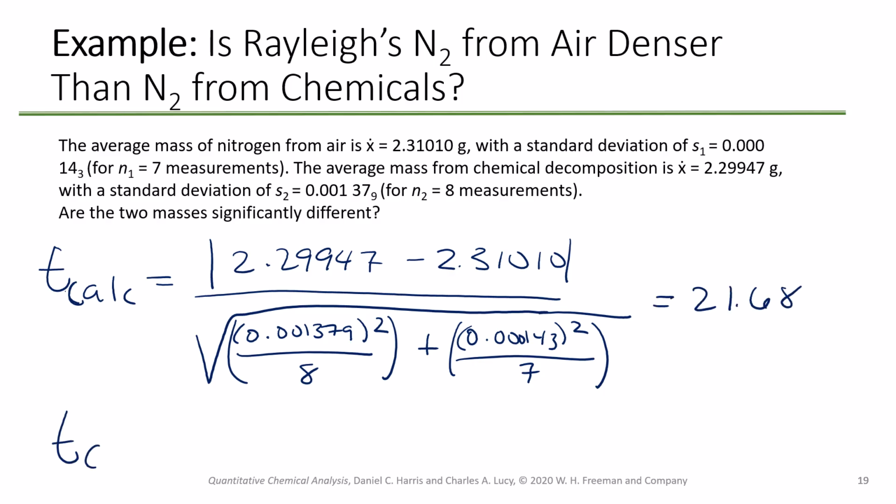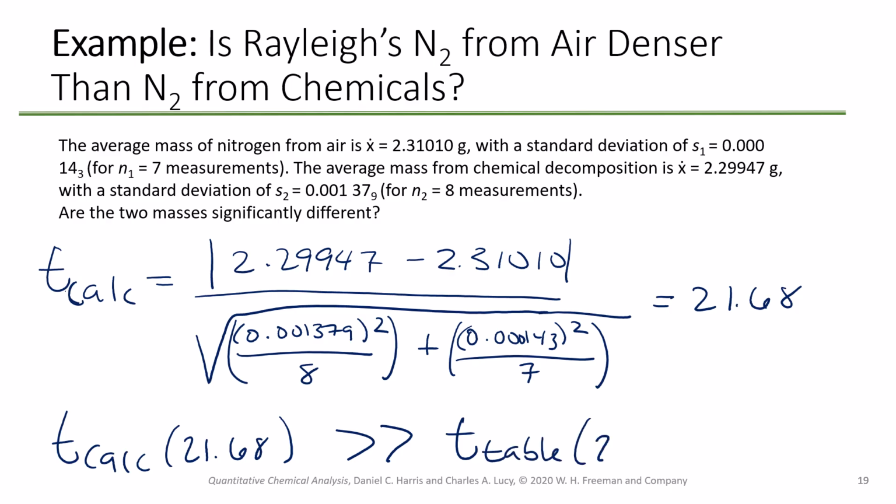So t-calc is much bigger than t-table. So the means are significantly different.